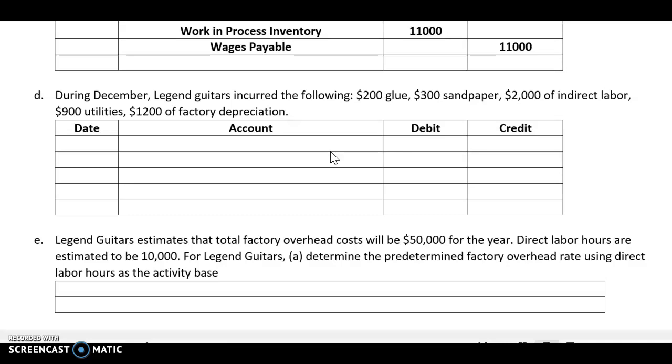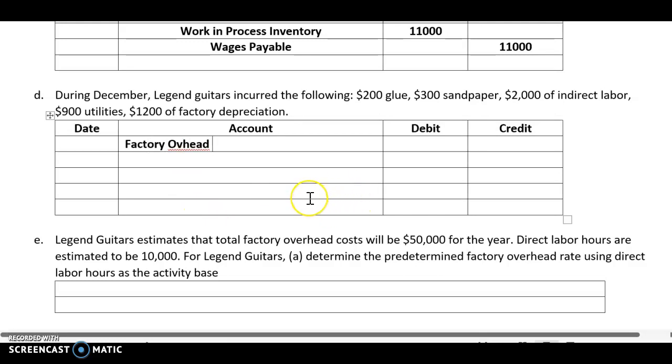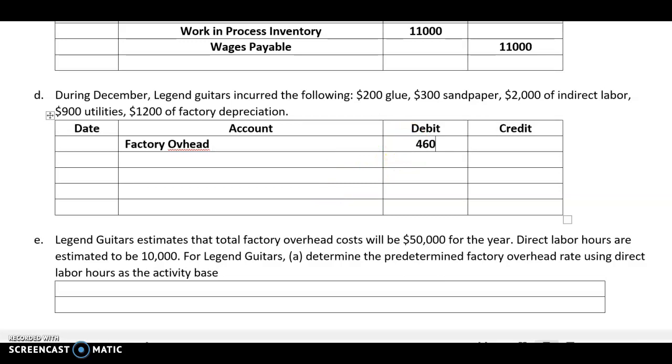For now, all factory overhead is debited to factory overhead in its entirety. So when I add these up, I will get 4,600.